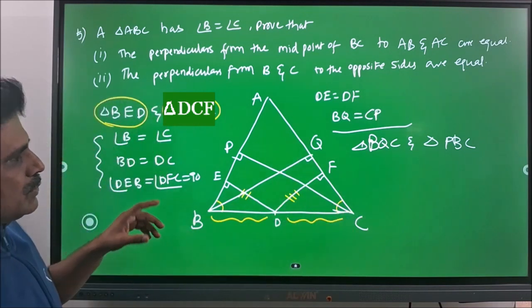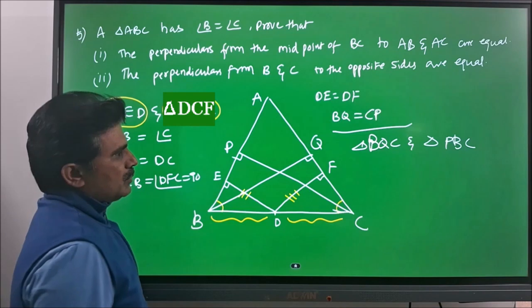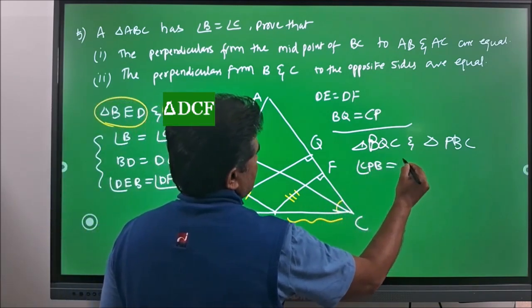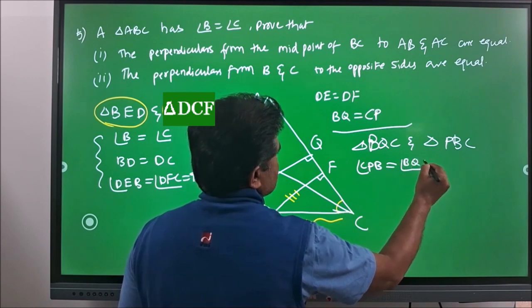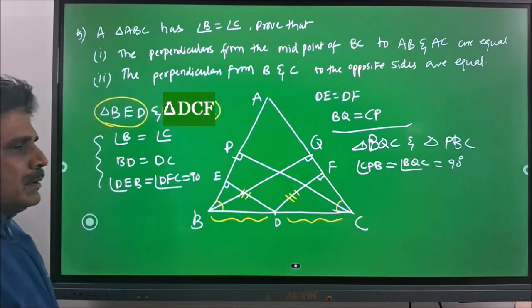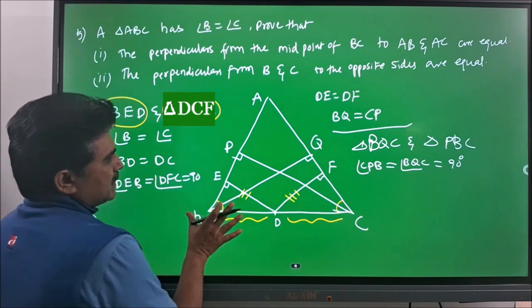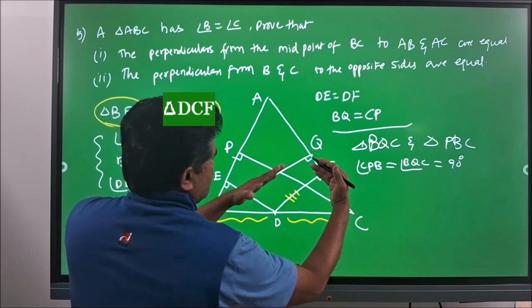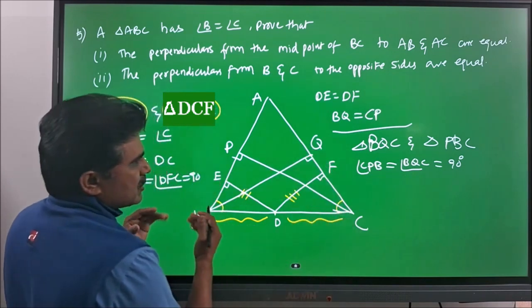So in those also we have right angles at P and Q. So angle CPB is equal to angle BQC, which is 90 degrees, and the length BC is common for those two triangles.